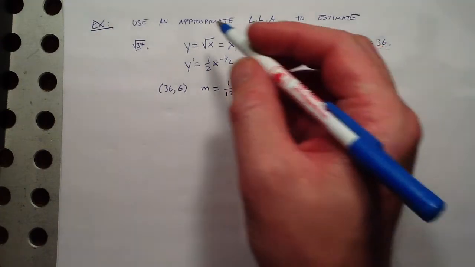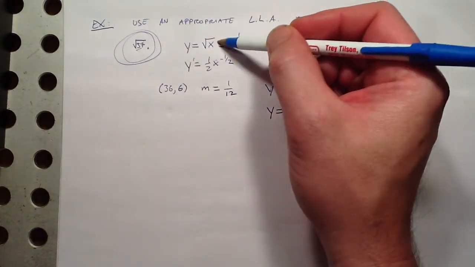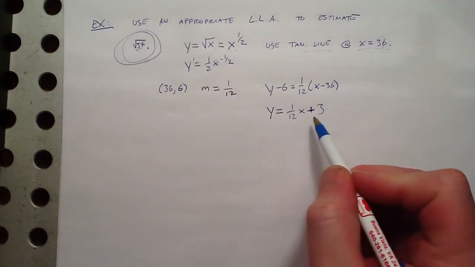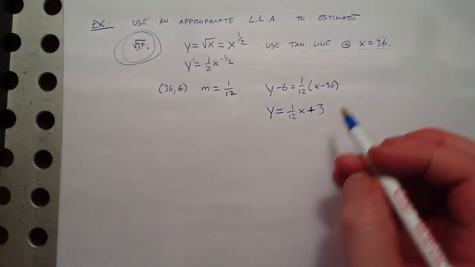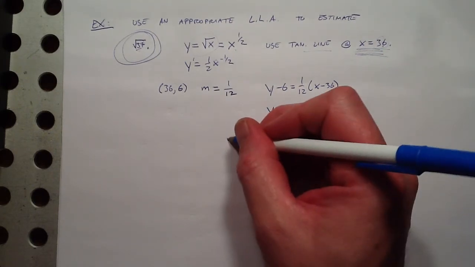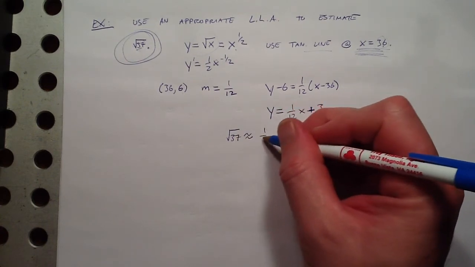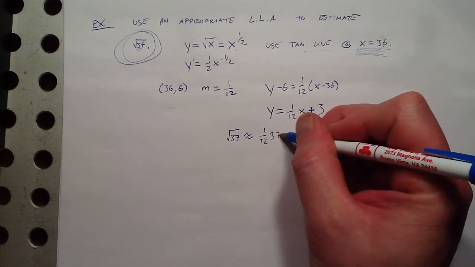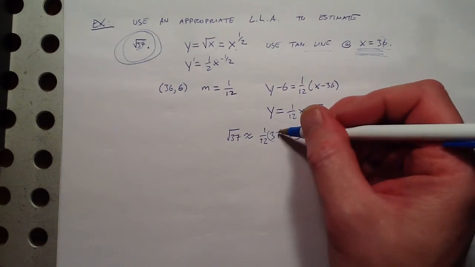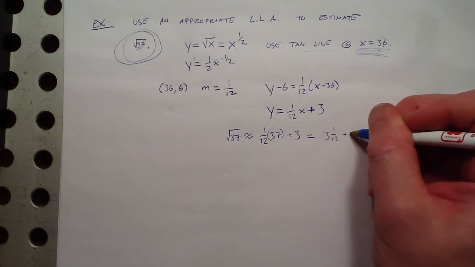So we're trying to figure out an approximation for the square root of 37. So instead of taking 37 and plugging it in here, which you could do with a calculator, but not very easily without, we're going to plug 37 into the tangent line to this at a nearby nice value. So that means the square root of 37 is approximately 1/12 times 37 plus 3, which is 37/12 is 3 and 1/12 plus 3.